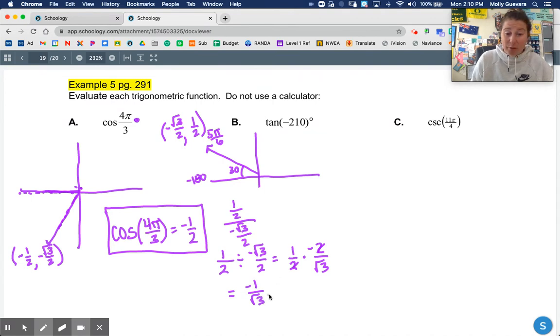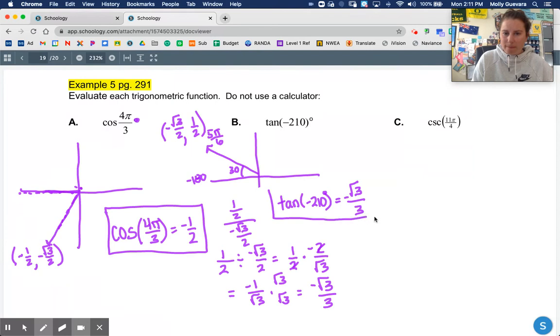I can't have root 3 on the bottom, so I need to multiply both the top and the bottom by root 3. And I get negative root 3 over 3. So the tangent of negative 210 degrees is equal to negative root 3 over 3. A little bit of extra work there, but again, it's just finding where that angle is.